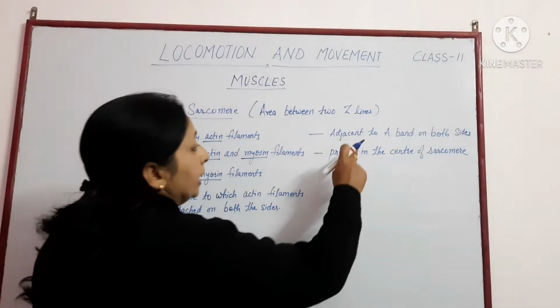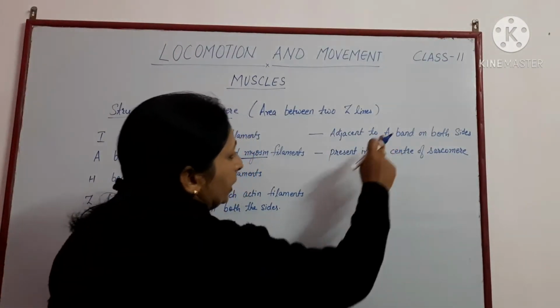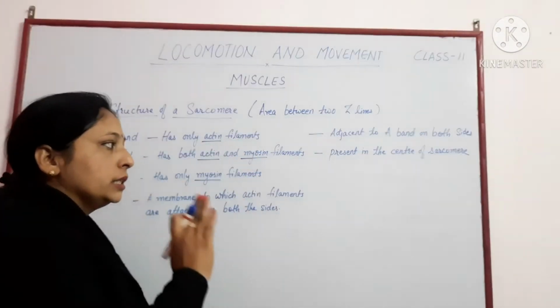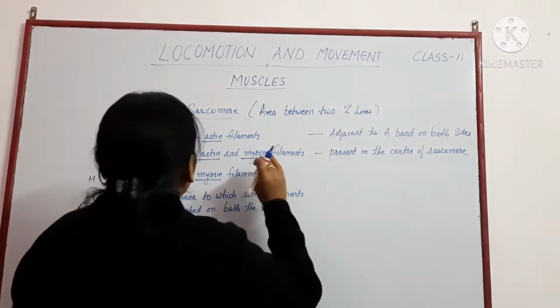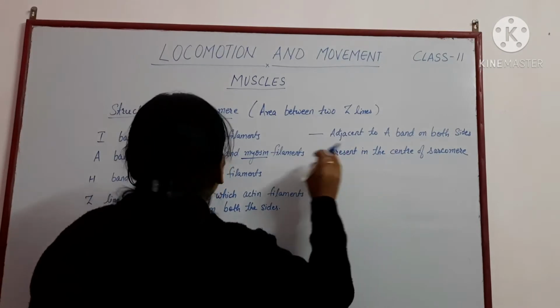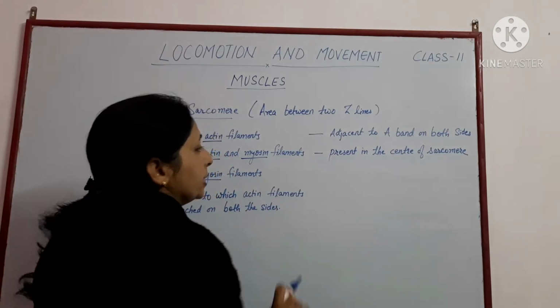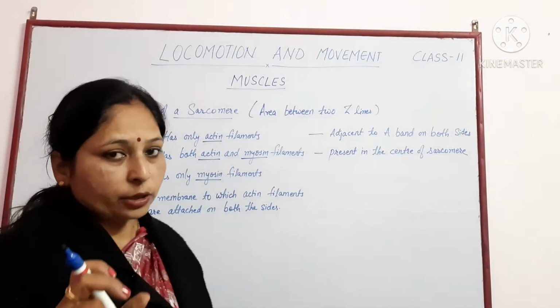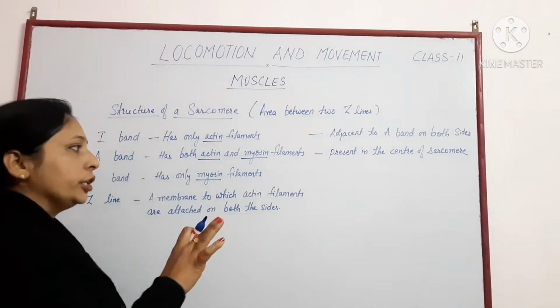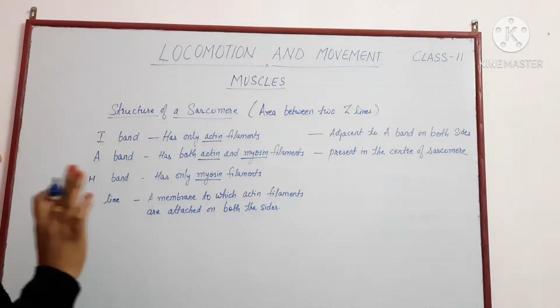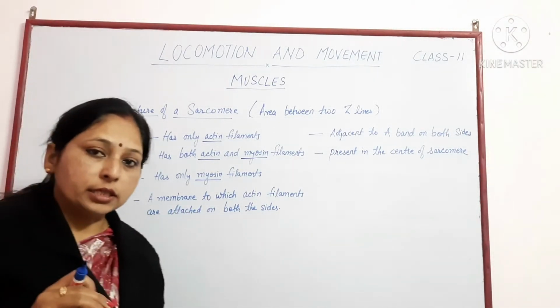I band is adjacent to the A band on both the sides. Just next to the A band is the I band on both the sides. H band, A band is present in the center of the sarcomere. So this is the location of these bands in a sarcomere.